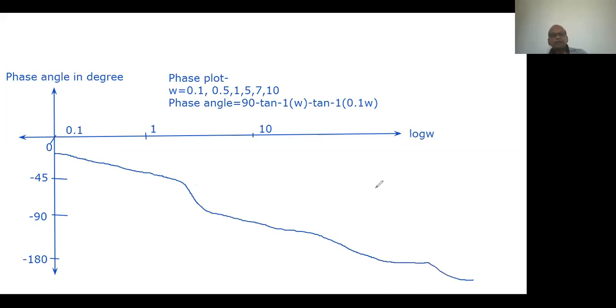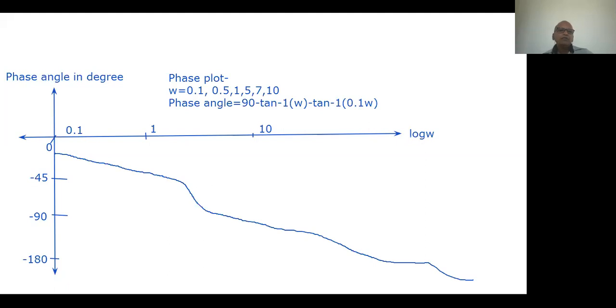In this way, depending on the value of this, we will get the value of the phase angle. This is the way, that is a phase Bode plot.